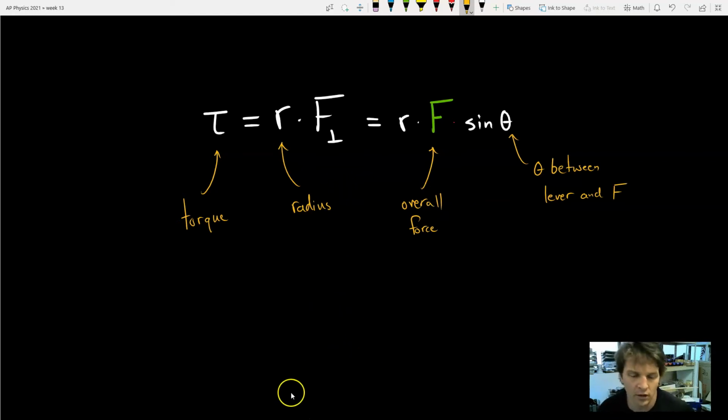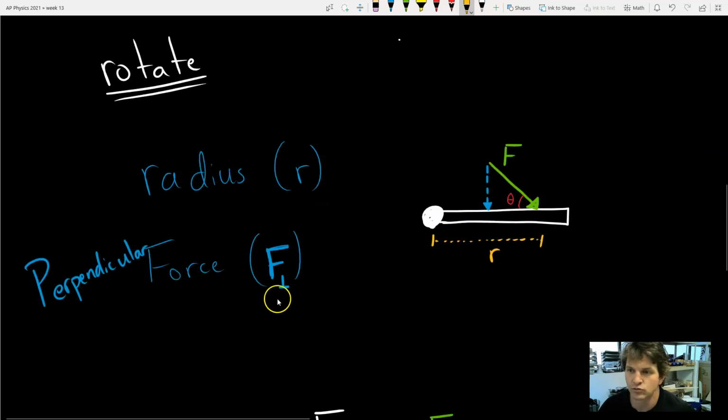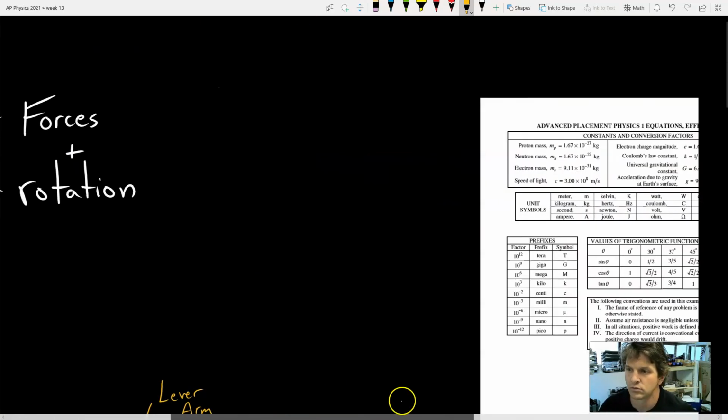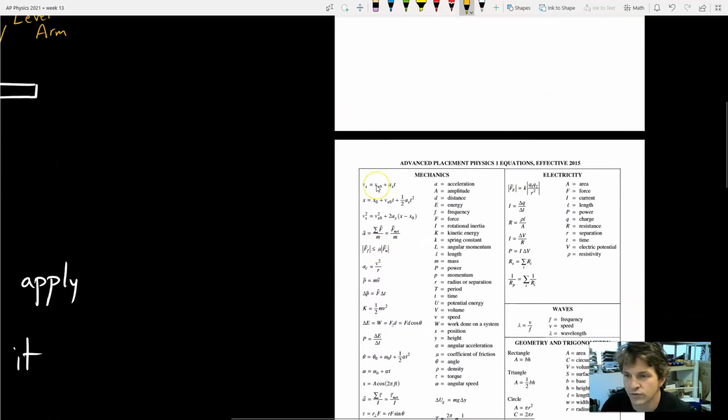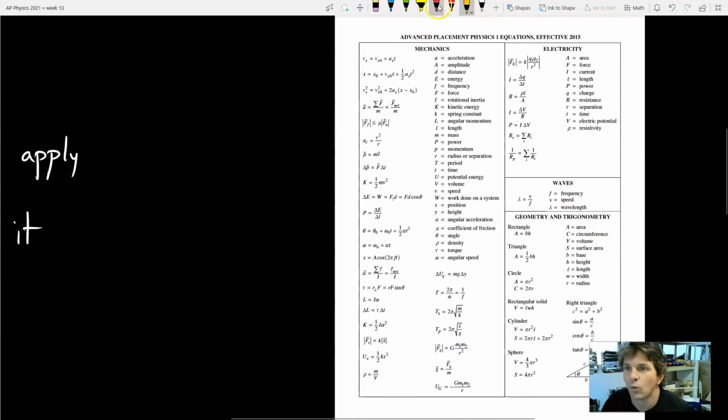If we're looking for it on the formula sheet, let's see here. There's our formula sheet, and this is the first page. If we scroll down to the second page, boom. Torque.